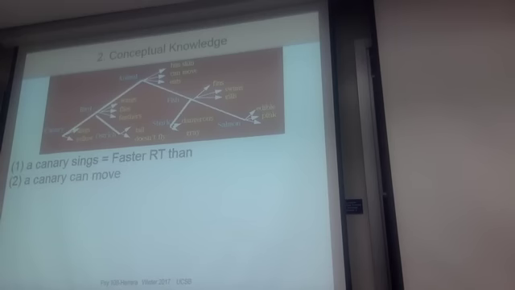And so in studies looking at reaction times, when you're presented with a sentence and you have to say whether it's true or not, if it's "a canary sings," people are very fast at recognizing that, versus "a canary can move," because "sings" is stored at the same level as canary, whereas "move" is stored all the way up here at animal. So how does the hierarchical semantic network explain this?